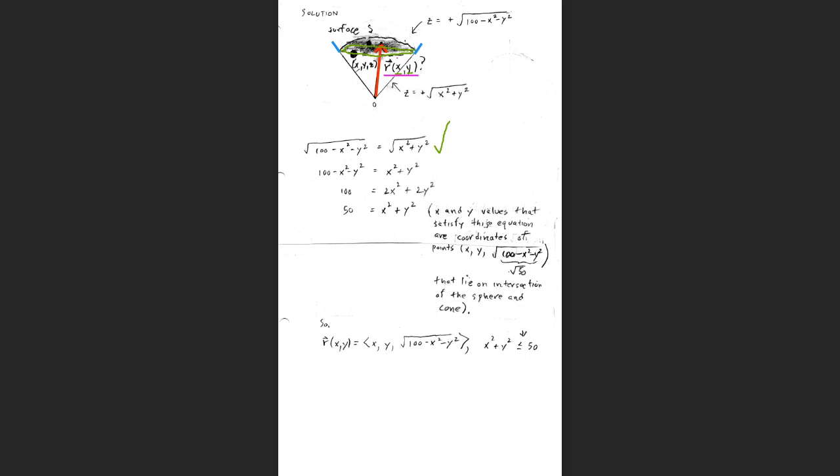For the intersection, we set the equation of the sphere equal to the equation of the top part of the cone and solve that. When we solve that, we end up getting that 50 equals x squared plus y squared.